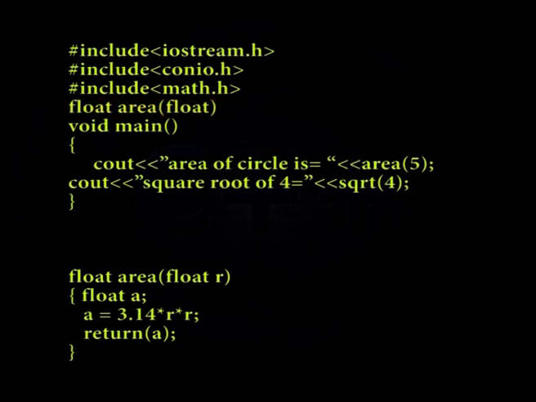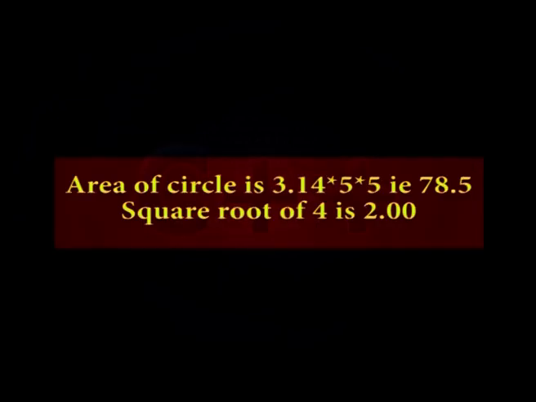Now just keep watching where this function will be used. This is the user-defined function we are using, which will be defined later. Built-in function with argument passed as 4. This is a user-defined function to calculate the area of a circle with radius as the argument passed, having value 5. The sample output will be as shown.